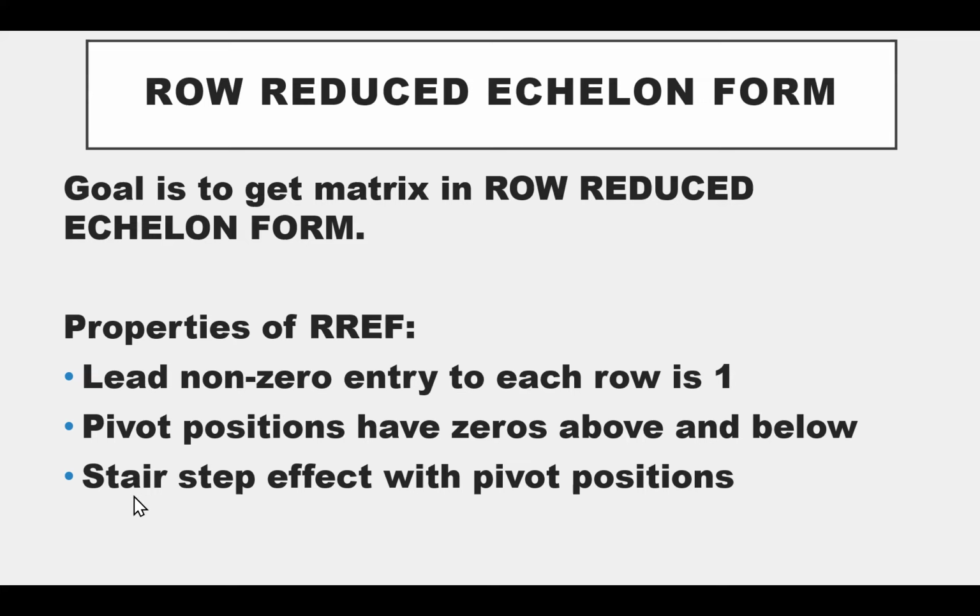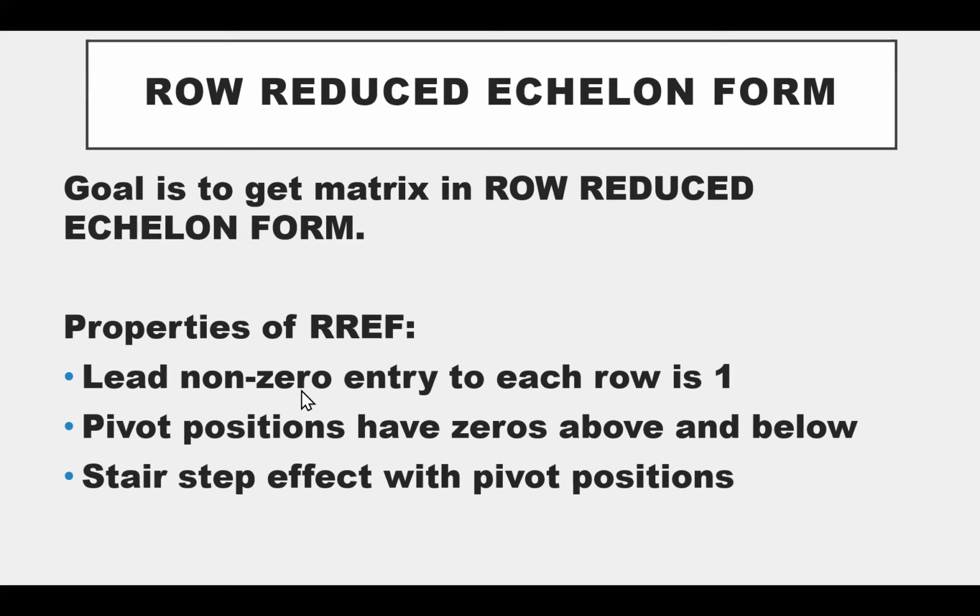And then we're going to have a stair-step effect with pivot positions. Our first pivot position is going to be the highest left hand. And then we're going to go down and to the right to hit our next pivot position. And then we move down and to the right to hit our next pivot position.